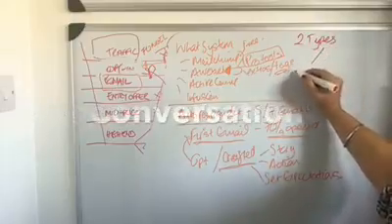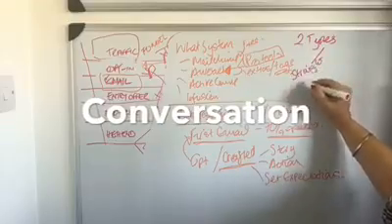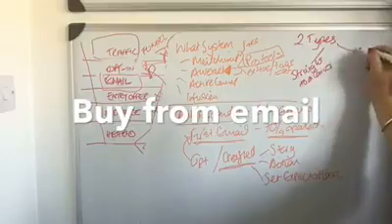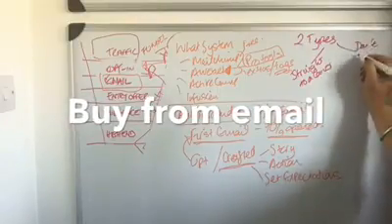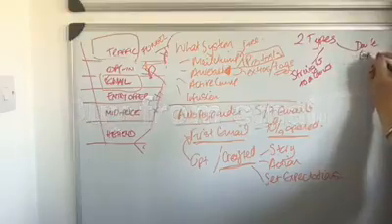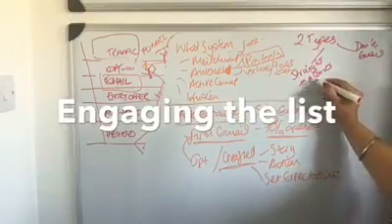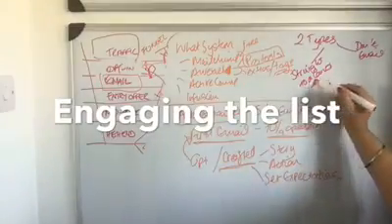You've either got the straight to a conversation, or ones that are designed so that you actually don't have contact and that everything is very much they will buy straight from email. Straight to a conversation actually tend to work slightly better because then you are engaging with the list.